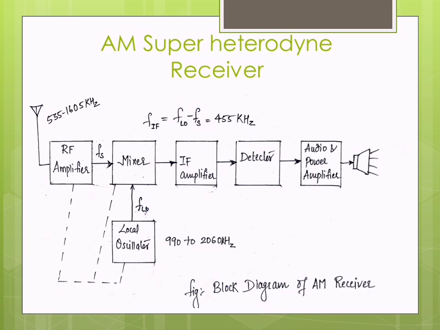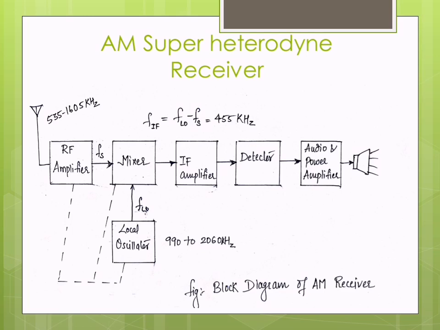Now we are going to start the AM super heterodyne radio receiver. You can see a block diagram here. Let's see what is happening in the super heterodyne receiver. First, we have an antenna, with the range 535 to 1605 kilohertz. This is the AM band.